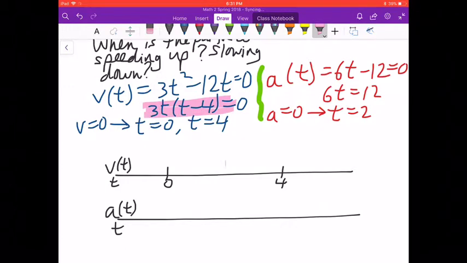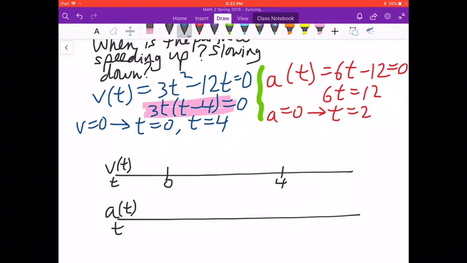Actually, no, we're not going to plug in anything to the left of 0. We'll plug in something in the middle between 0 and 4, and then above 4. Okay, so let's plug in t equals 2.